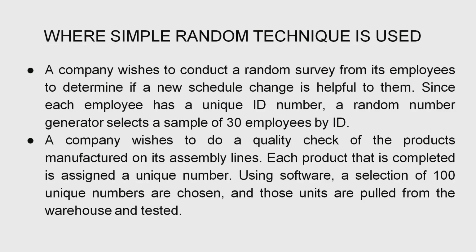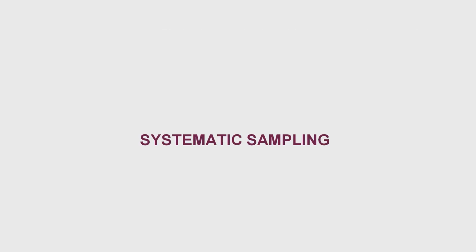In that case, they will not conduct the survey with all the employees of the organization. Only a few employees will be selected for the study. Say for example, the company wants to do the study with 30 employees. In that case, they will be giving a random number to the selected employees. So with them the study will be done. This is one of the examples of the simple random technique.